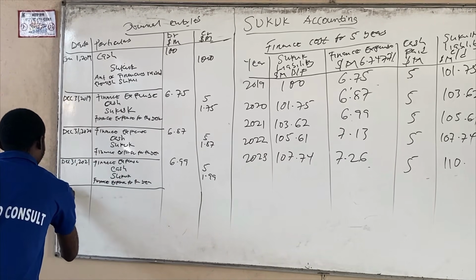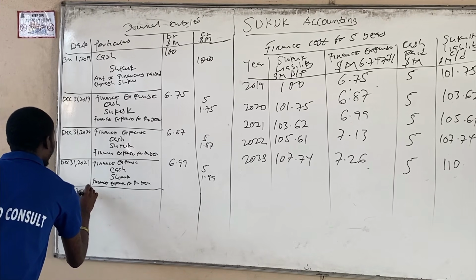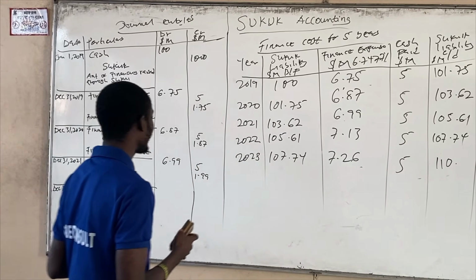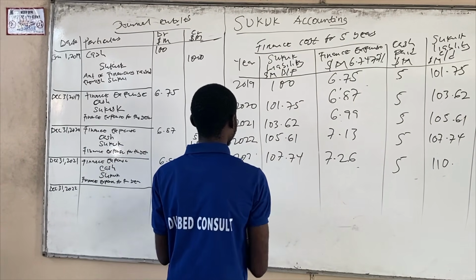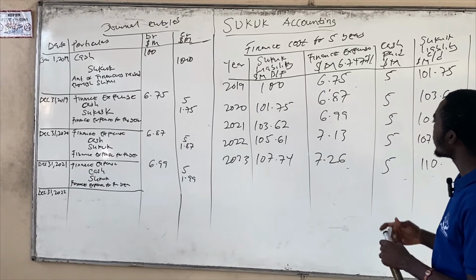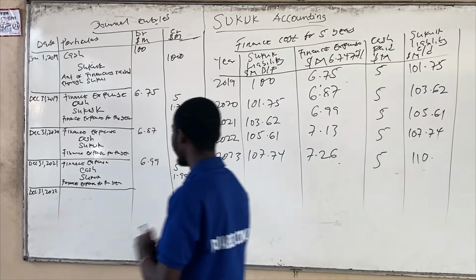The next will be the fourth year, December 31st, 2022. Okay, so December 31st, 2022, the finance expense is 7.13.